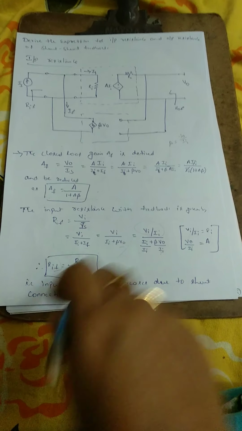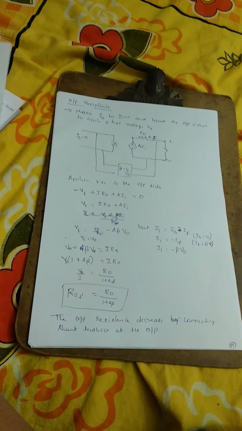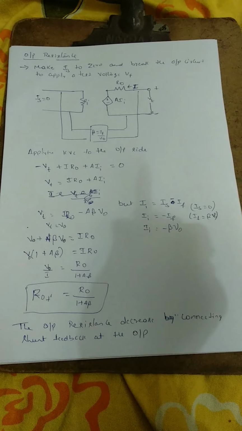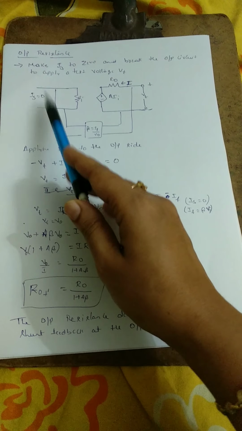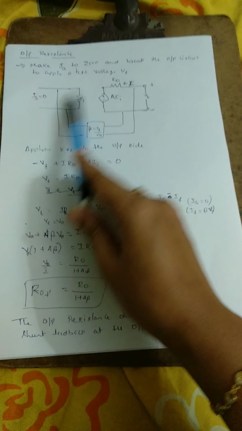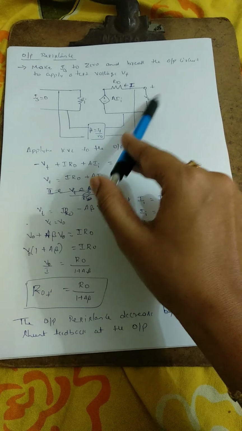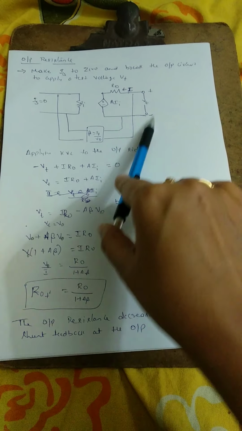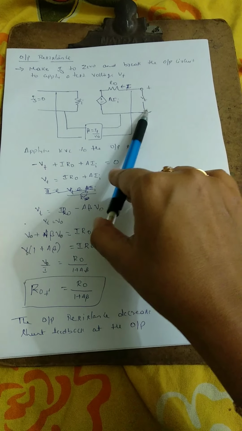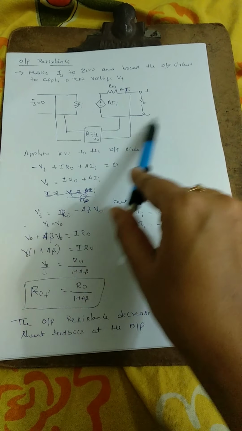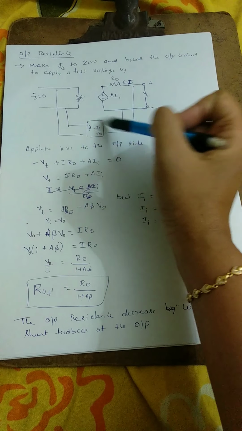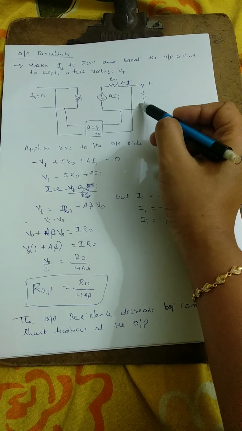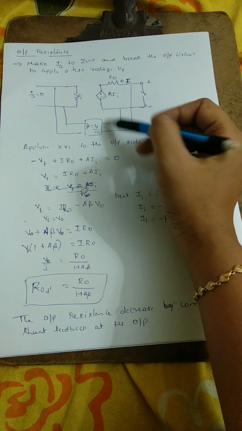Now we will see the output resistance. To find the output resistance, we need to make the input source 0, whether it is voltage or current. Break up the circuit to apply a test voltage Vt; whatever load is connected, we remove it and apply some voltage Vt. Applying KVL to the output side: minus Vt plus I R0 plus A Ii is equal to 0.